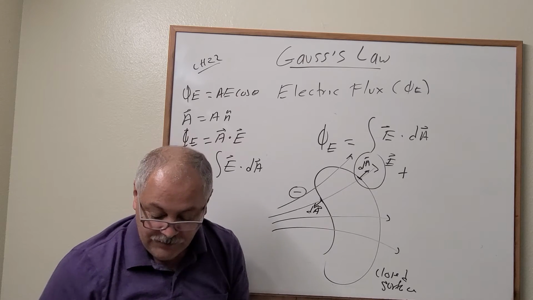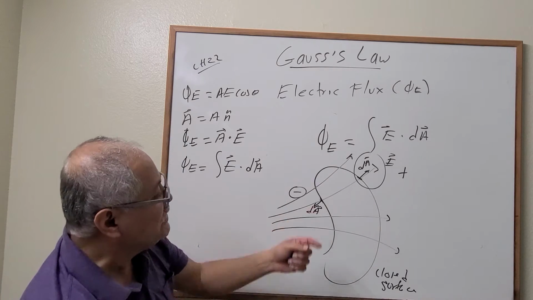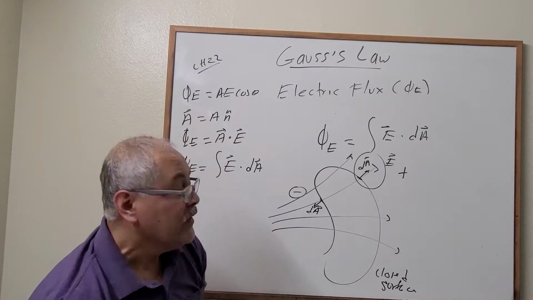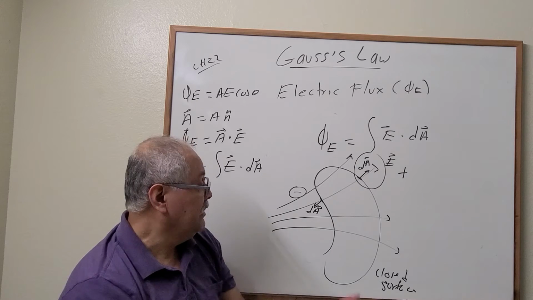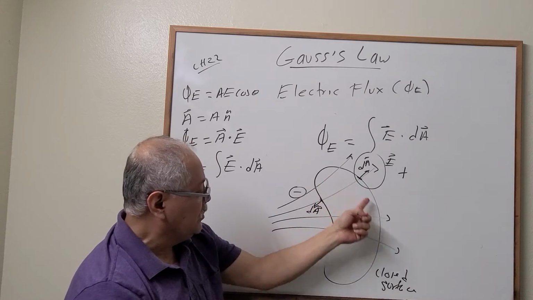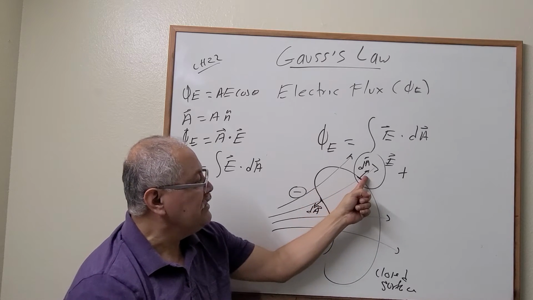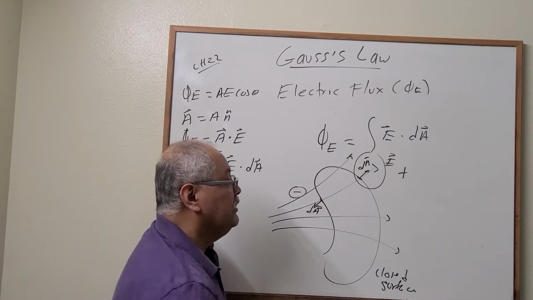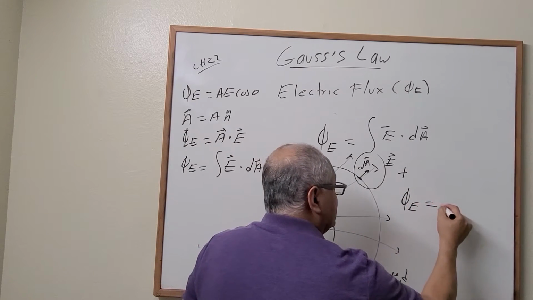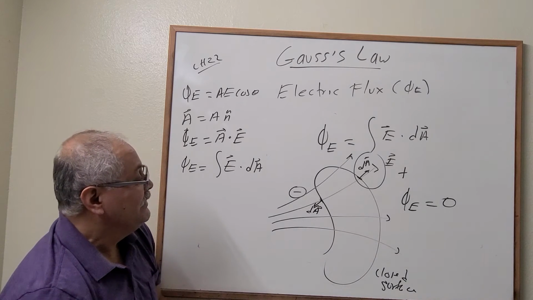In this case, the total electric flux through this closed surface is going to be 0, because the same amount entering is the same amount leaving the closed surface. So the electric flux is 0 for a closed surface.